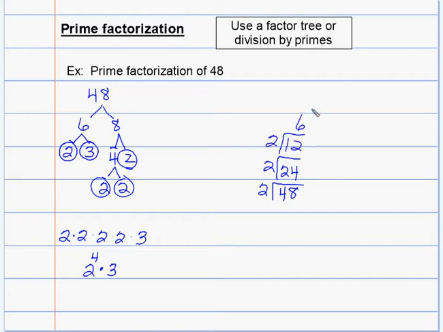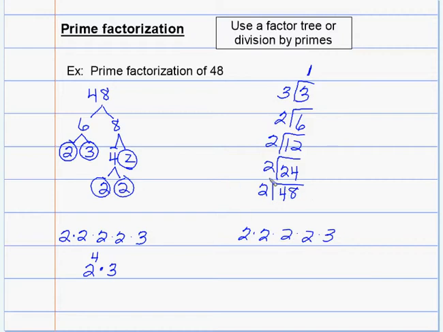I would have 6, and still even, so I would have 3. And then you can either continue until you get a 1, or remember to include this one up here. Okay, so your prime factorization again is 2 times 2 times 2 times 2 times 3.